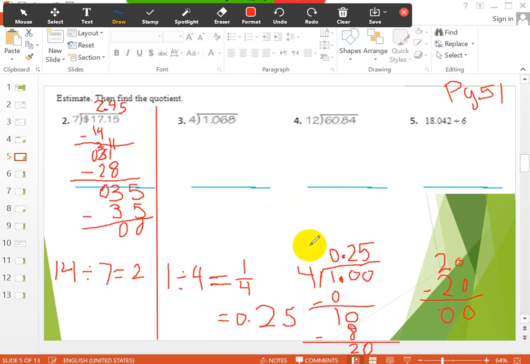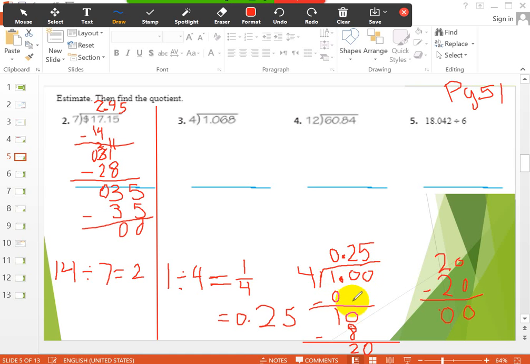Now when I want to divide, the value for the ones will be 0, because I can't divide 1 by 4. So what I have to do is take the 0 after the decimal point in the tenths digit.